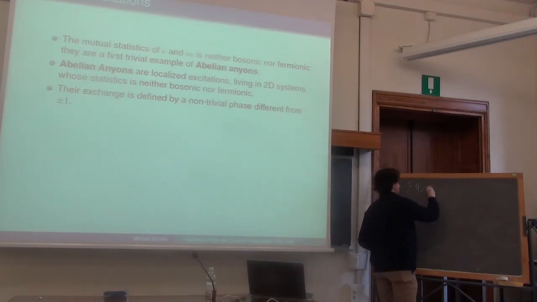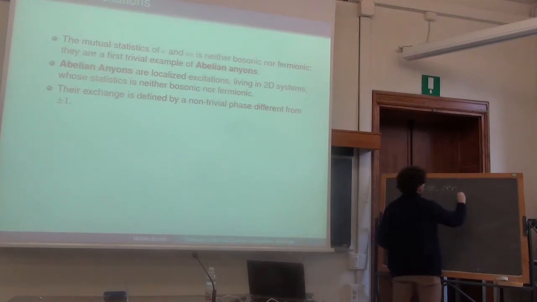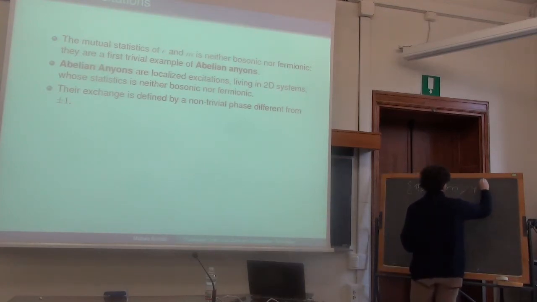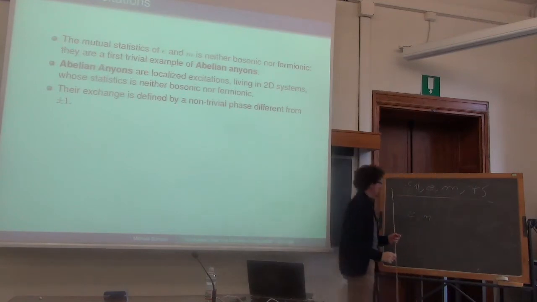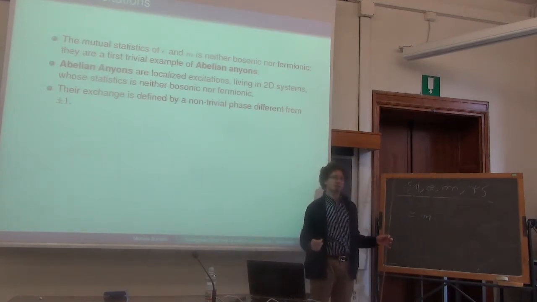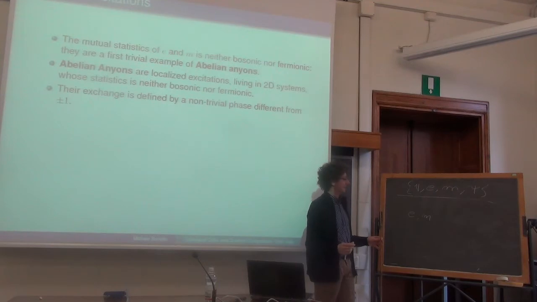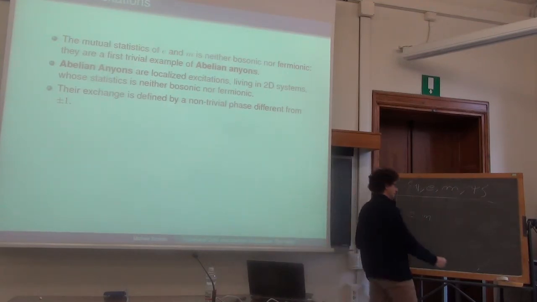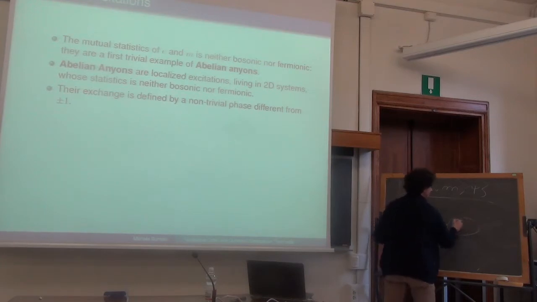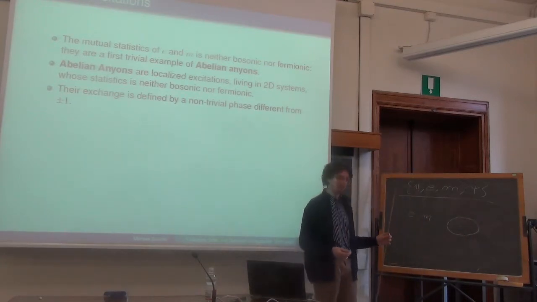Then we already saw that there are E and M charges, and finally there is also a fermionic charge, which is the simultaneous presence of E and M.